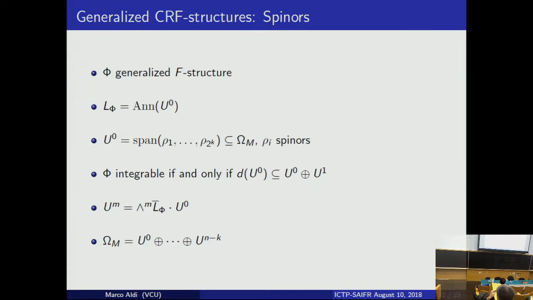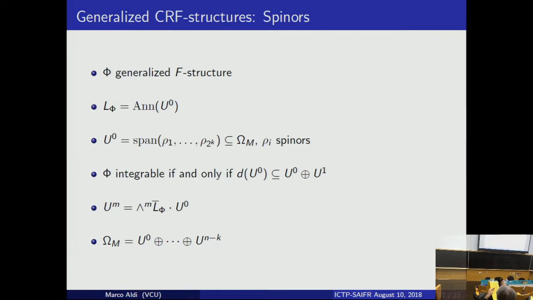However, unlike the generalized complex case, now this is not going to be a line, it's not going to be one-dimensional, it's going to have dimension 2k, where k is the dimension of the kernel. And these are spinors.